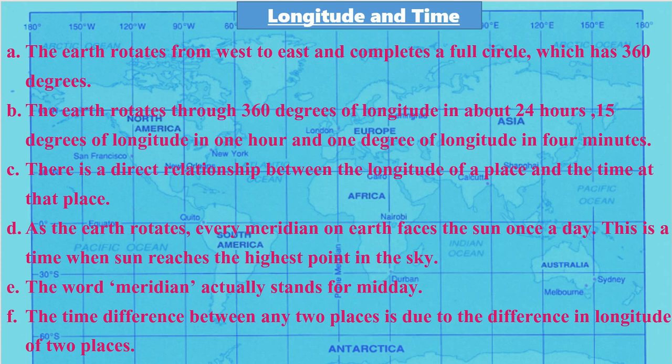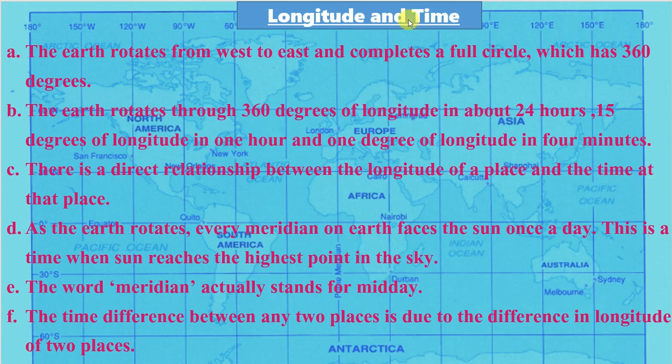So 360 degrees means the 360 longitudes face the midday sun one after the other in 24 hours. Thus the earth rotates through 360 degrees of longitude in about 24 hours.